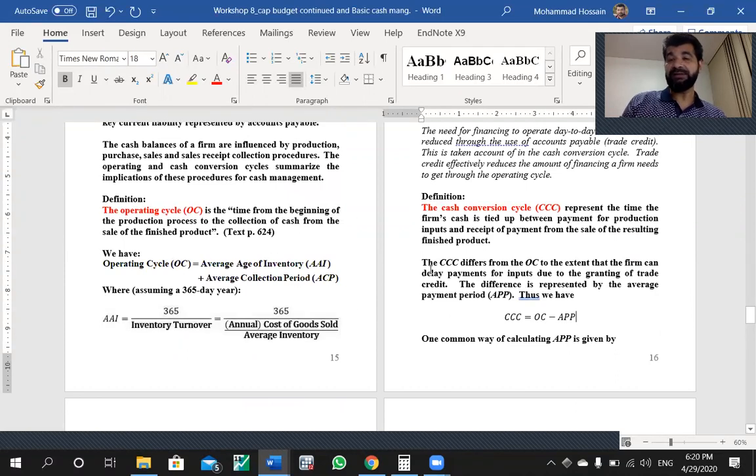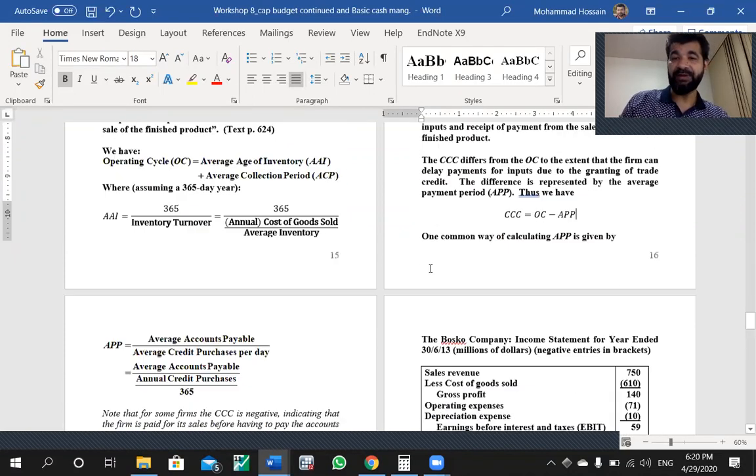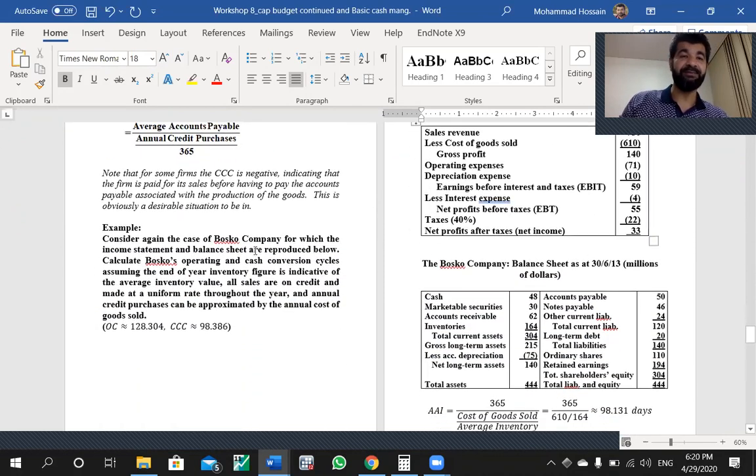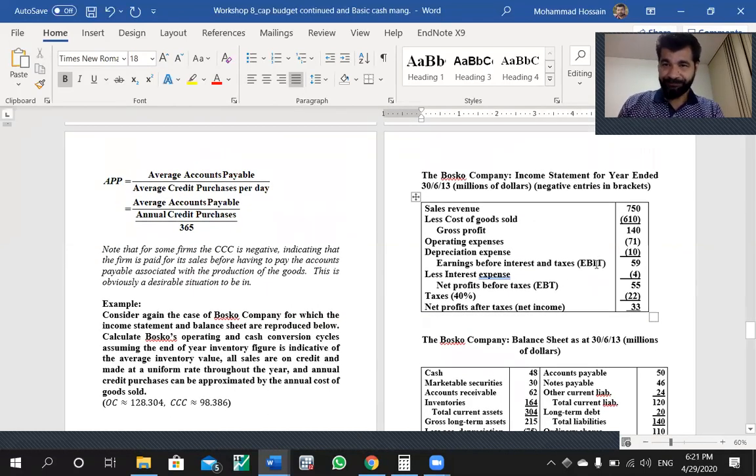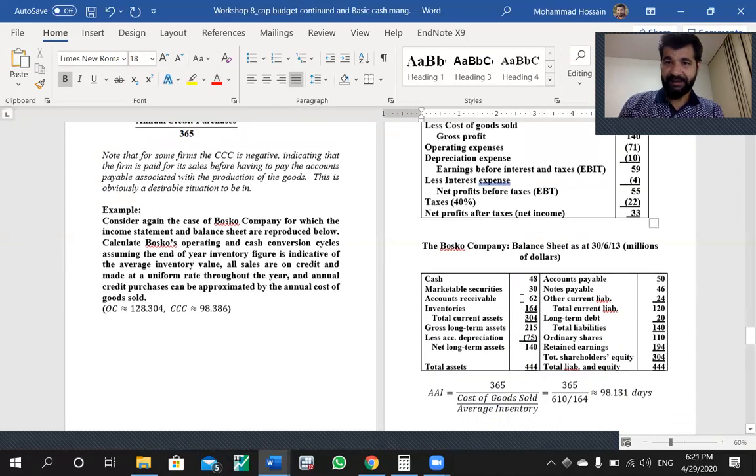Let's have a look at one example we have done here. Consider again the case of Bosco company, for which the income statement and balance sheet are reproduced below. Here is your income statement and here is your balance sheet.